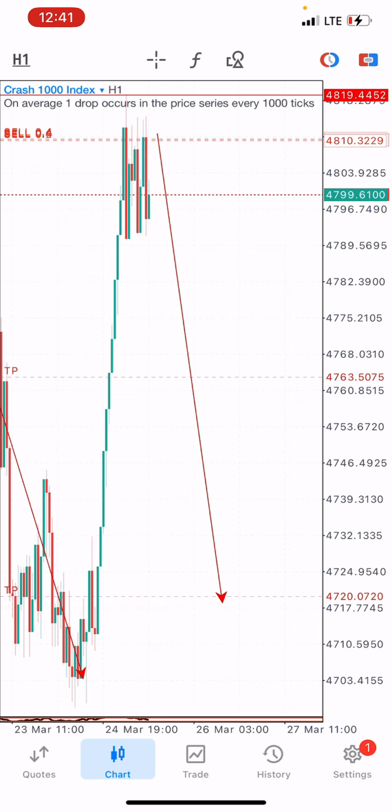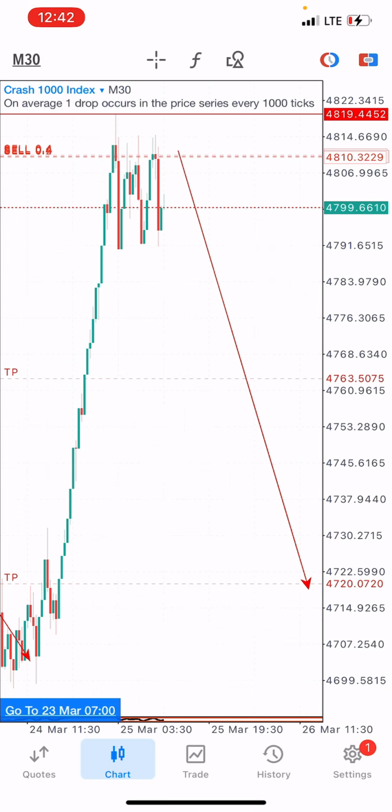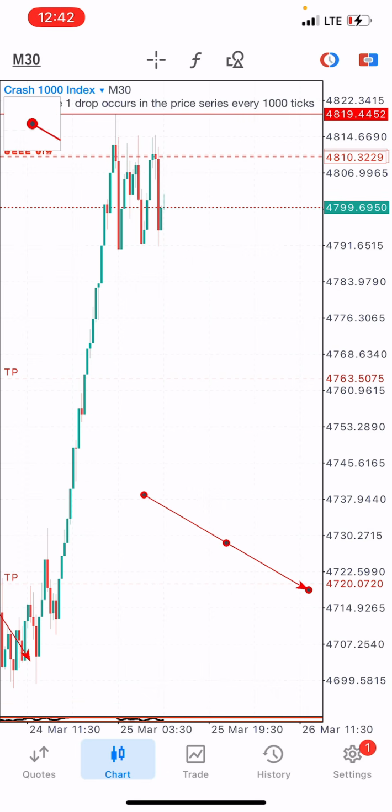Now, after that, you want to find an entry. You can go down to your 30 minutes time frame to look for an entry. When it comes to Boom and Crash, it's hard to really see candlestick confirmation on the 5 minutes time frame, because of what the candlesticks look like.